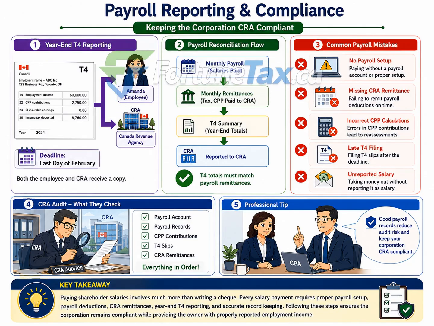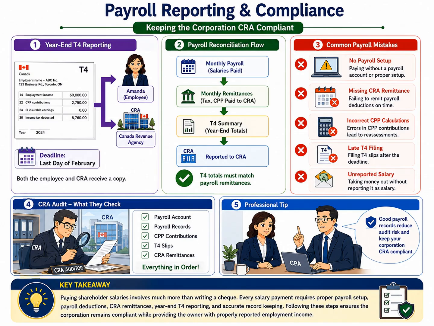Failing to set up a payroll account before paying salary, missing payroll remittance deadlines, calculating CPP contributions incorrectly, filing T4 slips after the deadline, or paying salary without properly reporting it can all result in penalties, interest, and additional CRA scrutiny.